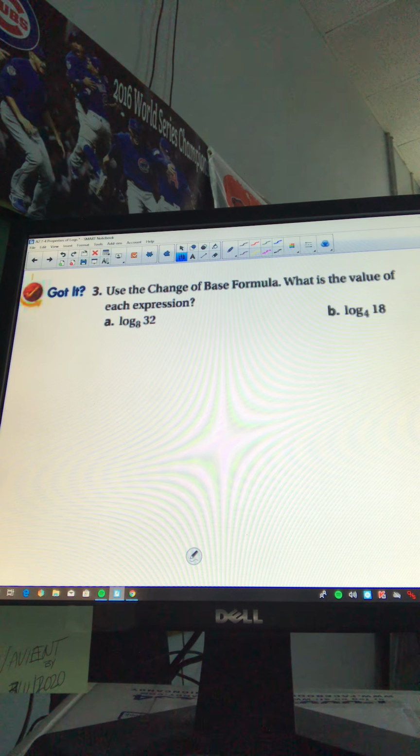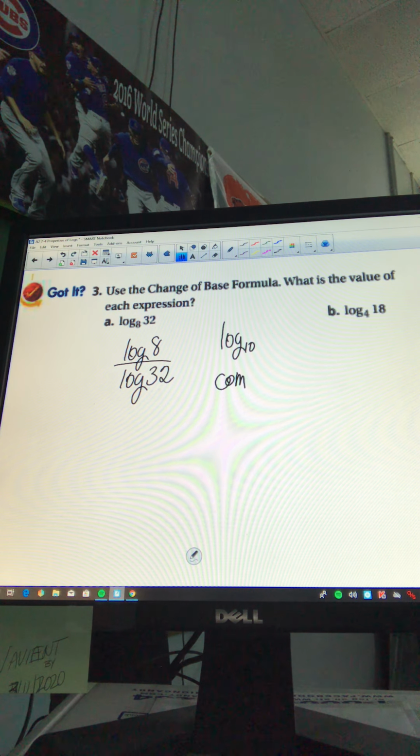Okay, so example here, we can write log of 8 over the log of 32. Now, just a note, you could put this in your calculator because our base is 10. That's called a common logarithm, common log, and a common log has a base of 10.